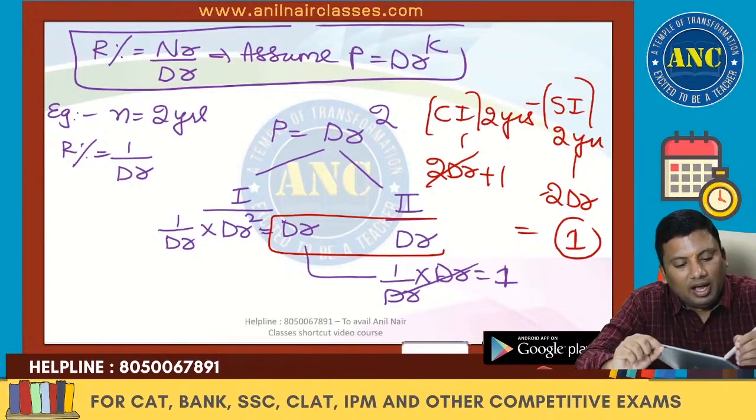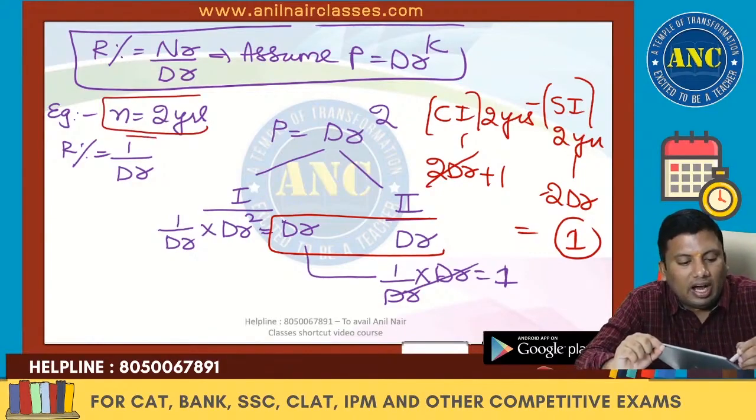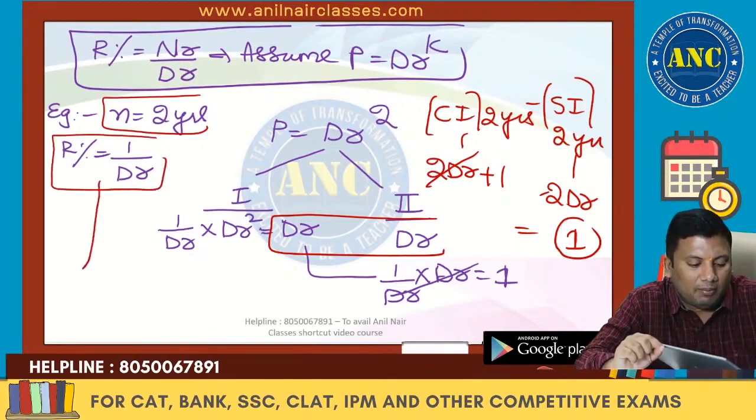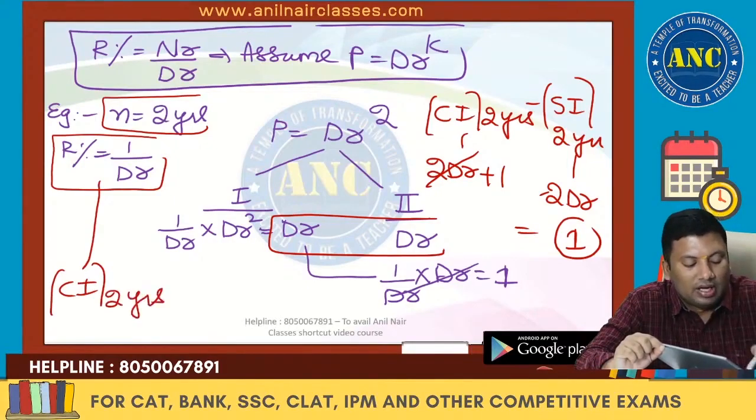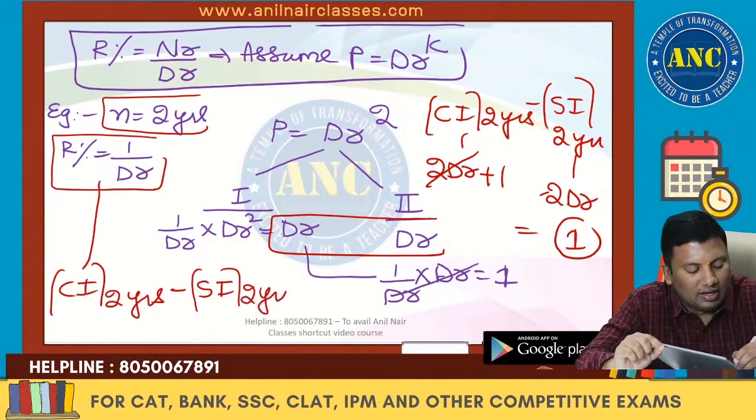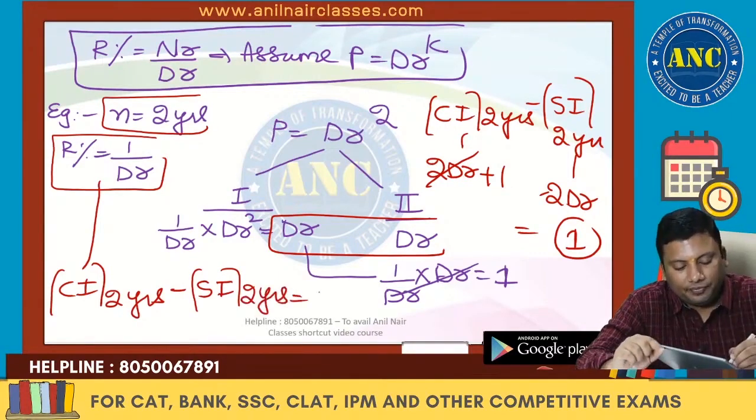If n is 2 years and R percentage is of the form 1 by dr, very important conclusion: CI for 2 years minus SI for 2 years is nothing but 1.